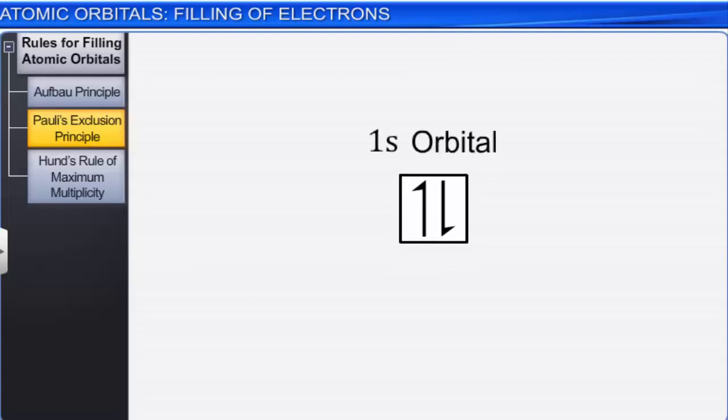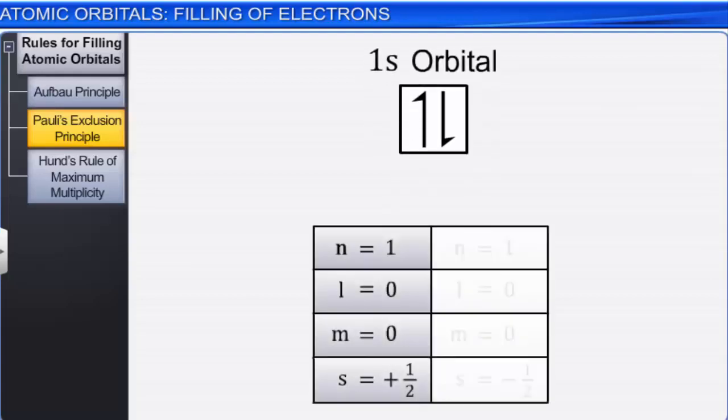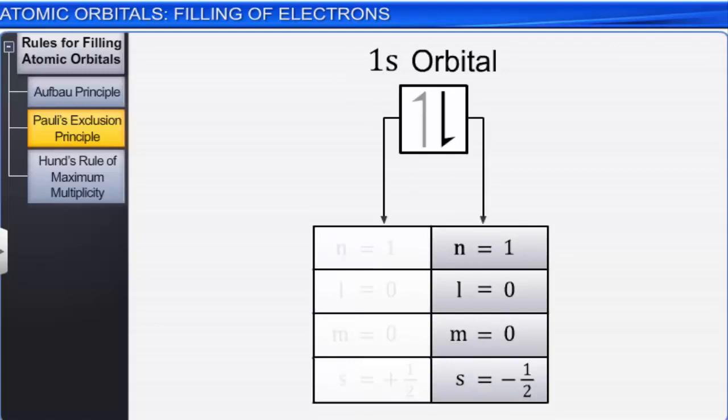As shown here, the values of n, l, m and s for the first electron are 1, 0, 0 and plus half. The values for the second electron are 1, 0, 0 and minus half. This shows that the 2 electrons have the same values for n, l and m, but different values for s.